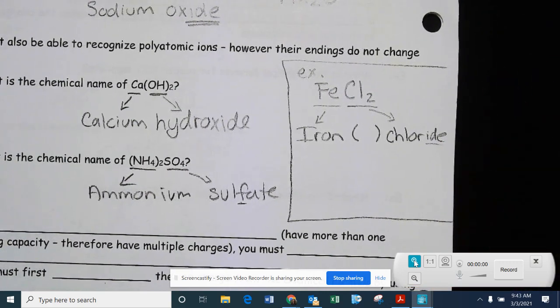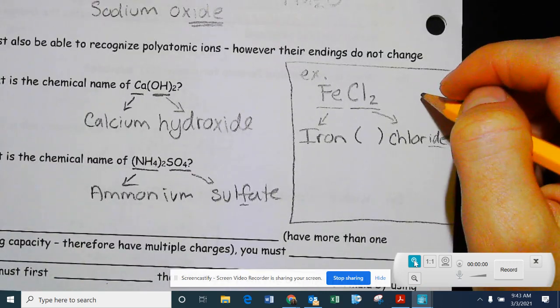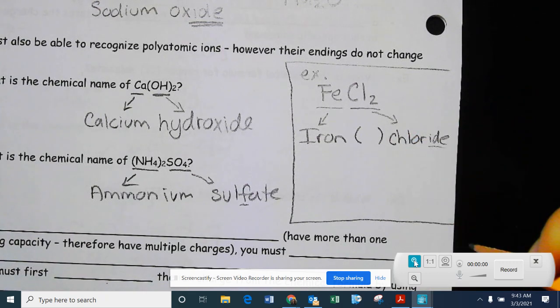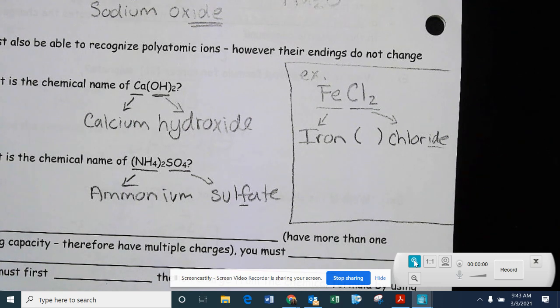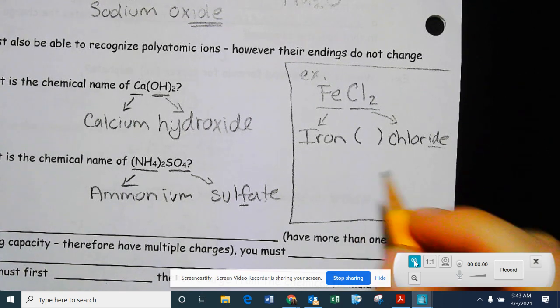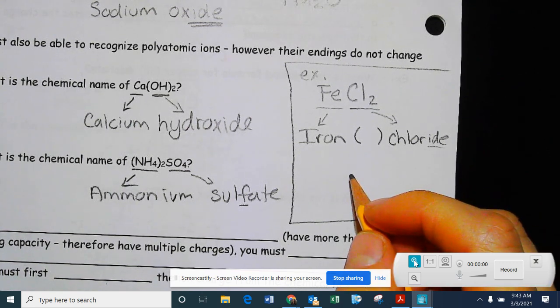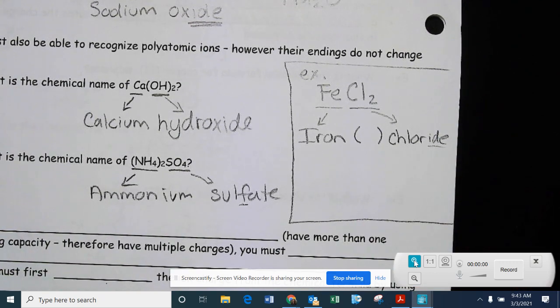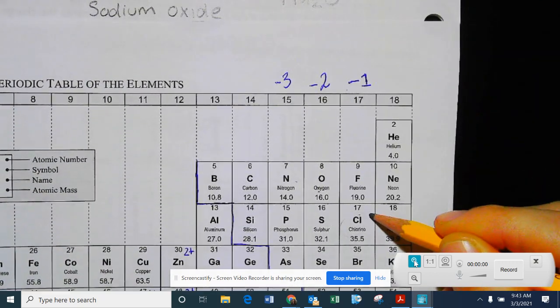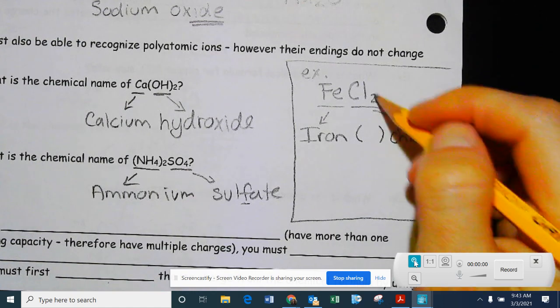Okay, now we're going to figure out which iron this is. Is this iron with a charge of 1? Is this iron with a charge of 2? So the way that I like to do this is either you could just go, okay, chlorine has got a charge of -1, and there's 2 of them.